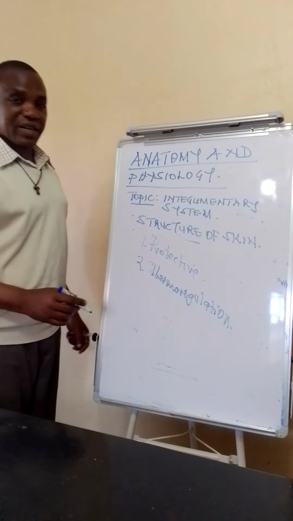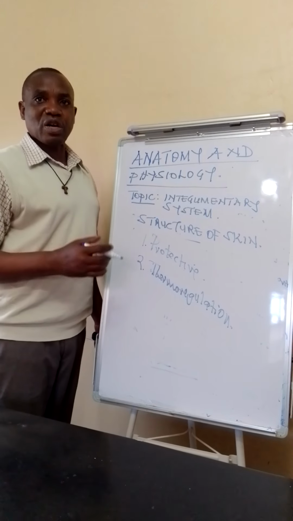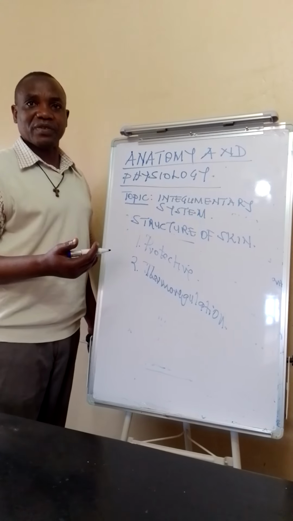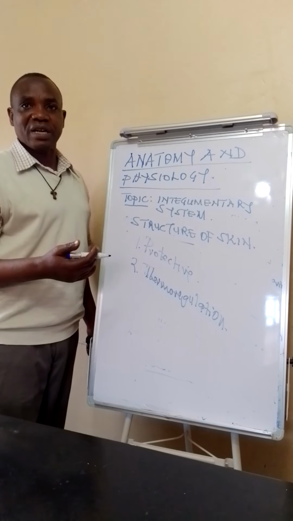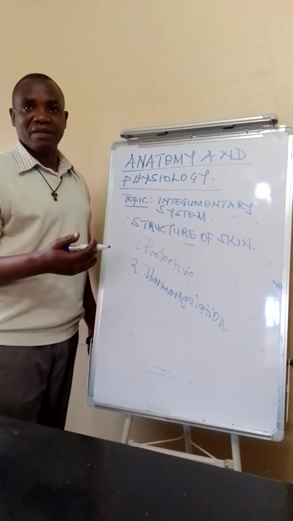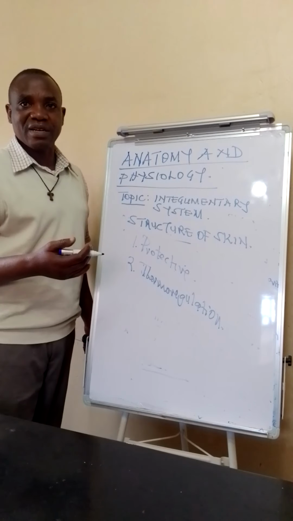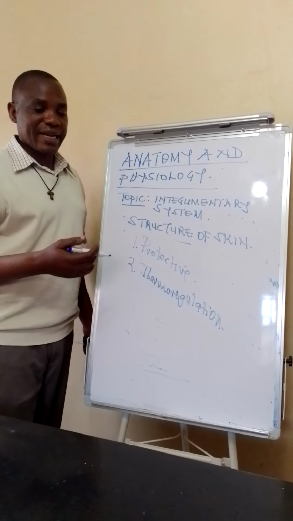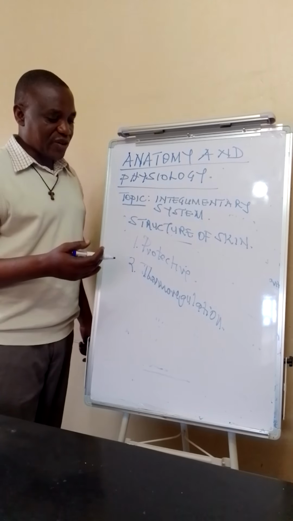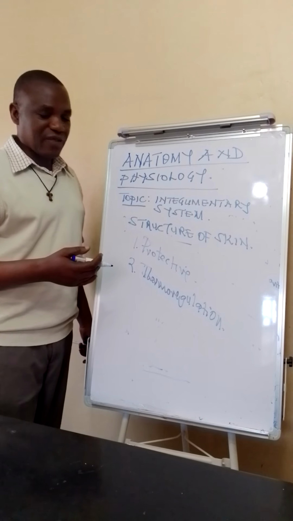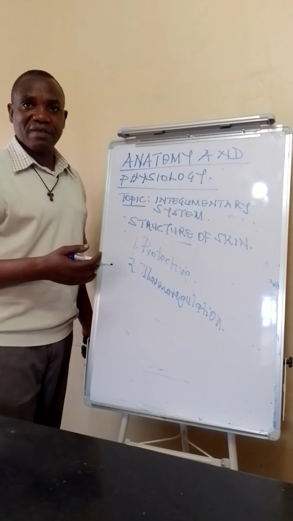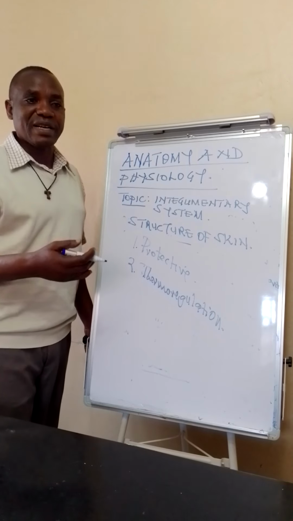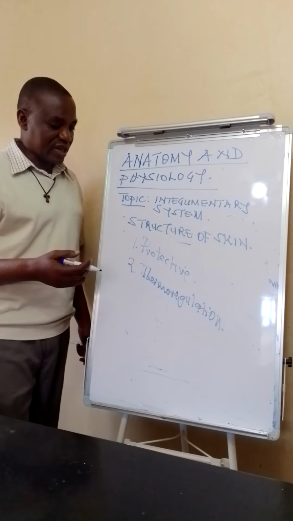For example, the skin is able to regulate. When it is very hot, it is able to adjust by making sure that you start sweating and the body is going to cool. And then when it is very cold, you will find that there will be vasoconstriction of the blood vessels, so that you don't release a lot of heat.